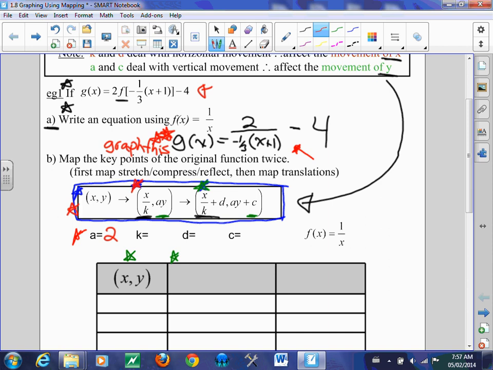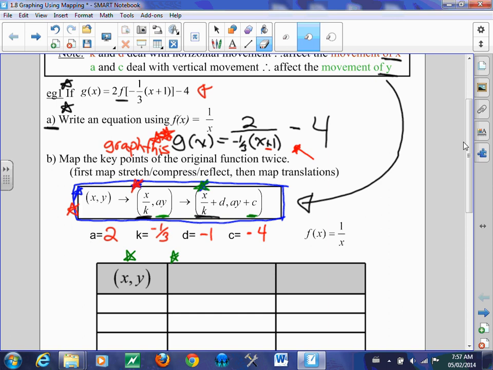You should recognize that K equals negative 1/3. You should recognize that D equals negative 1. Remember, it's the opposite because there's a positive in there. So how does the equation become positive from negative? It had to be multiplied by negative. And C is your number out at the end, which is negative 4. Okay, if you can do that, ladies and gentlemen, you're about 1/3 of the way there.